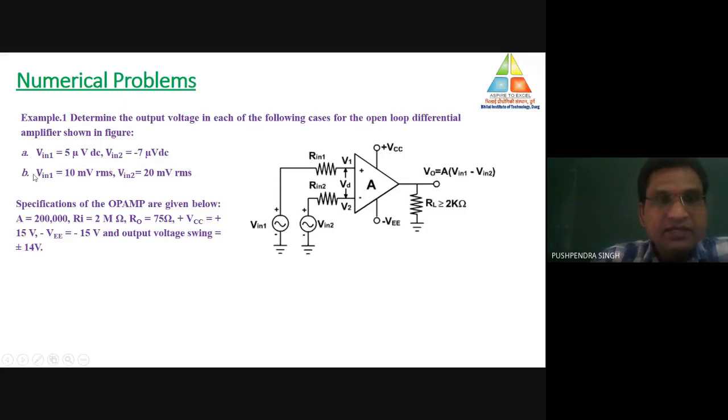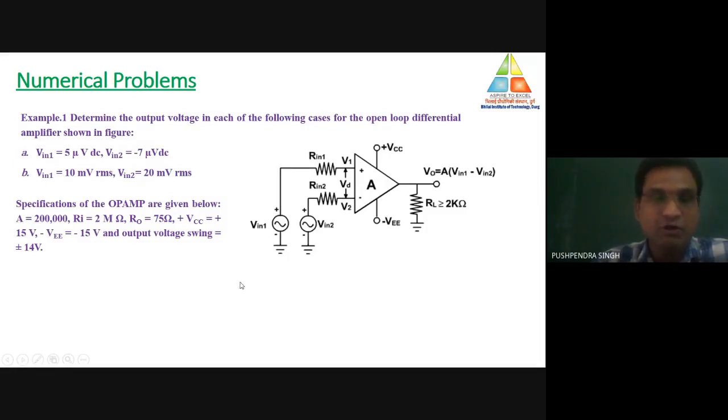In part B, both the input signals are RMS voltages, AC. The specifications for the op-amp are given as the value of A, R in, R0, VCC, VEE, and output voltage swing. We need to calculate the value of output for these two conditions.